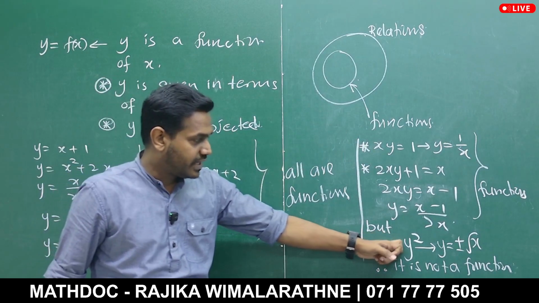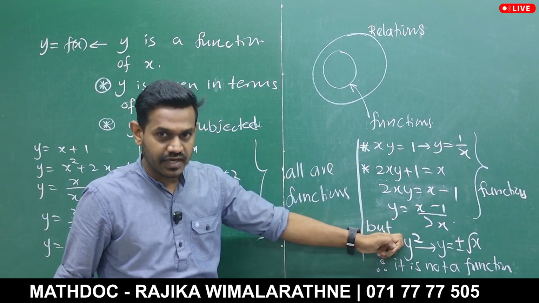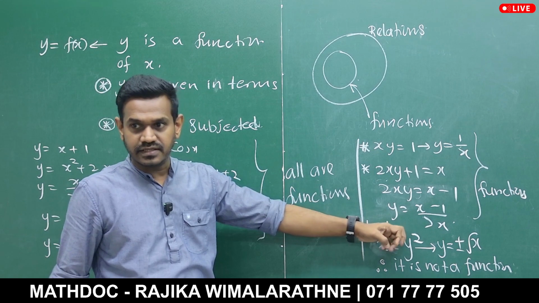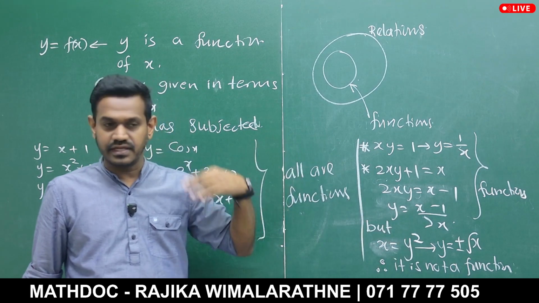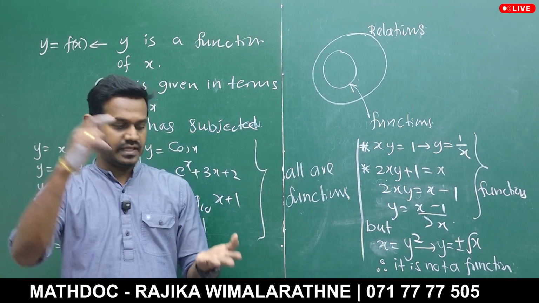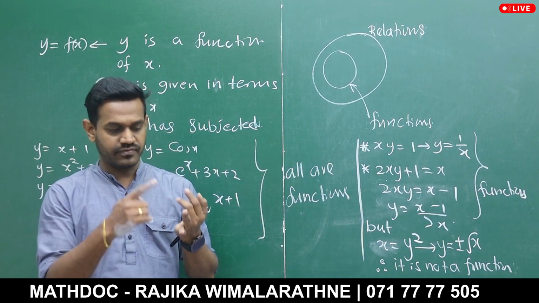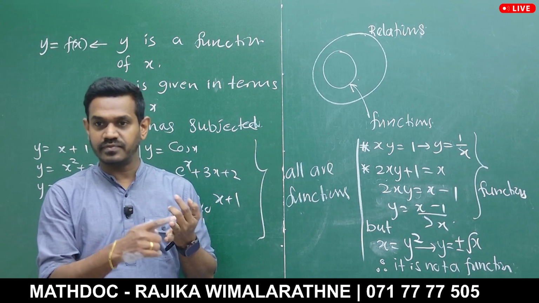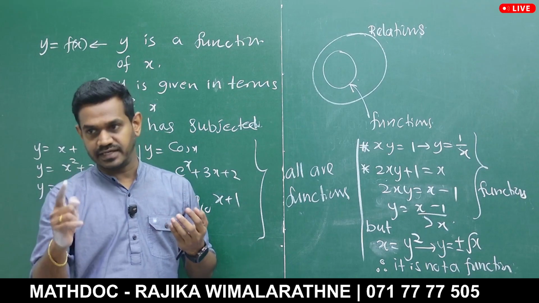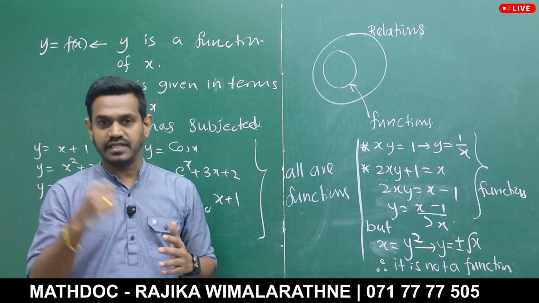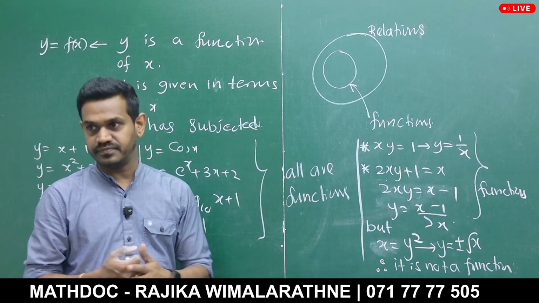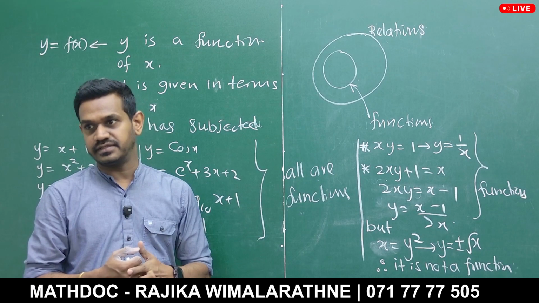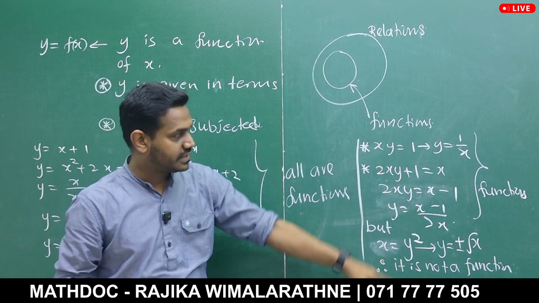But y to the power 2, y to the power 3, y to the power 4 relations are not easily subjectable, no? Then they are not functions. Identify. Only y to the power 1 and 1 over y to the power 1, or y to the power minus 1, are easily subjectable. Then they are functions. Others are not functions, no? Okay, anyway, write these examples again.